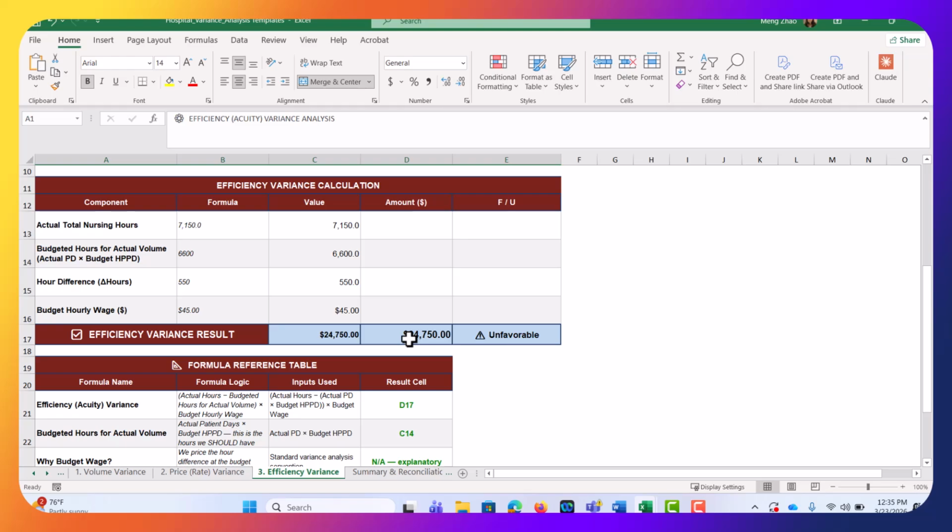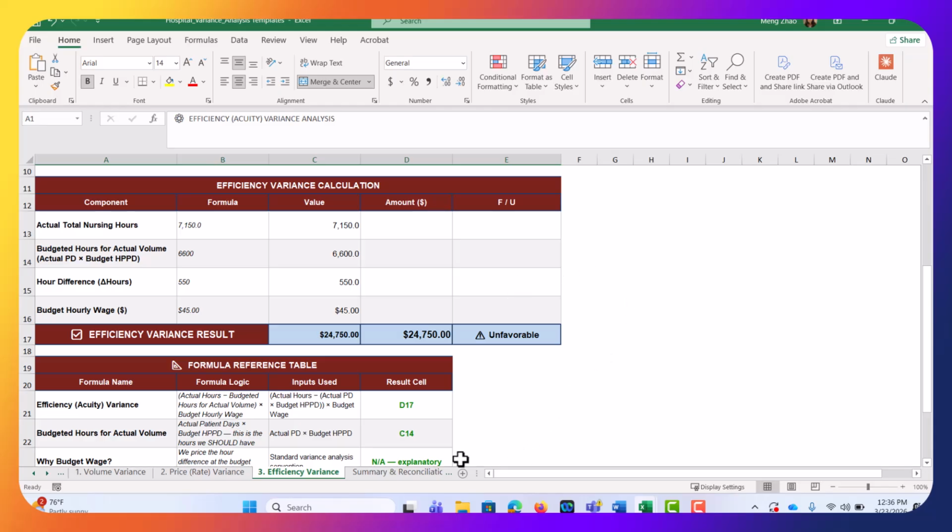If this is unfavorable, it may reflect that we have sicker patients, or poor throughput, or inefficient staffing models. And this is where clinical leadership decisions can directly affect financial outcomes.